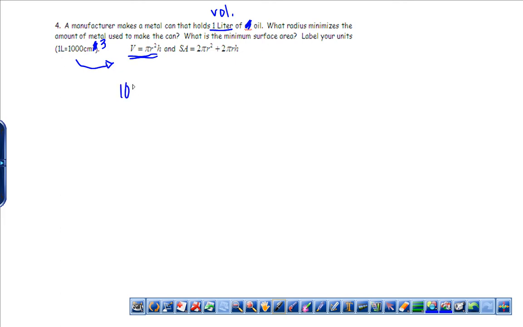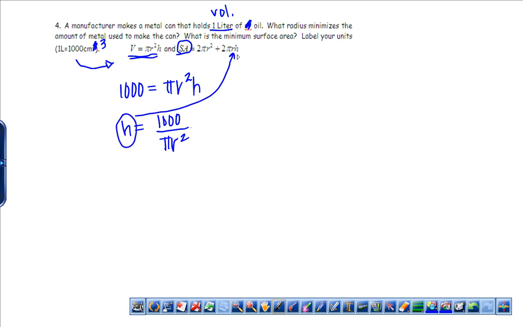So I'm going to say that volume is 1,000 is equal to pi r squared h. Okay, this doesn't help me very much when I'm talking about my surface area. So how about we go ahead and solve for h. So if I solve for h, that's going to give me 1,000 over the pi r squared. And then since I have h, I can substitute it into my formula over here.